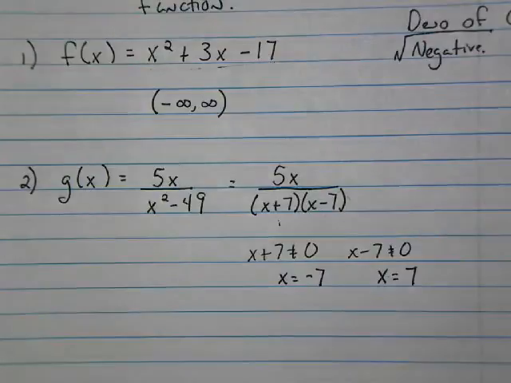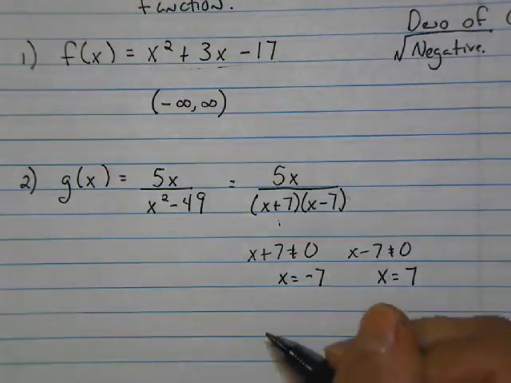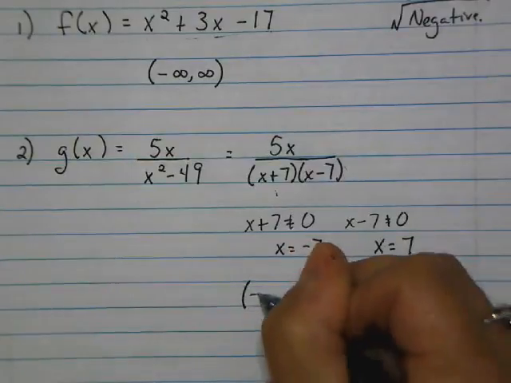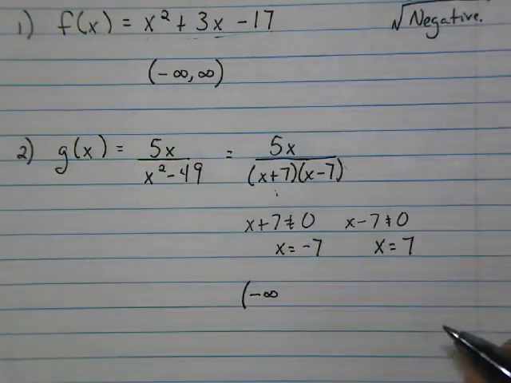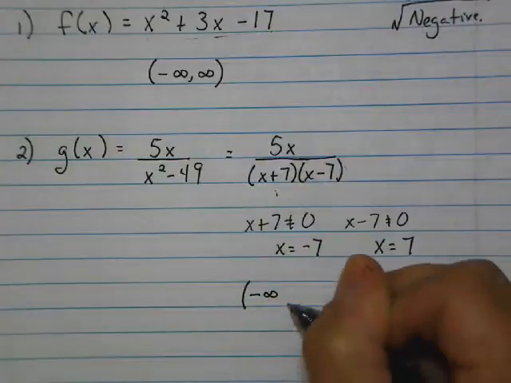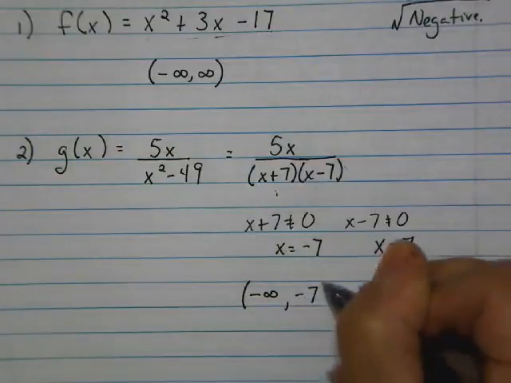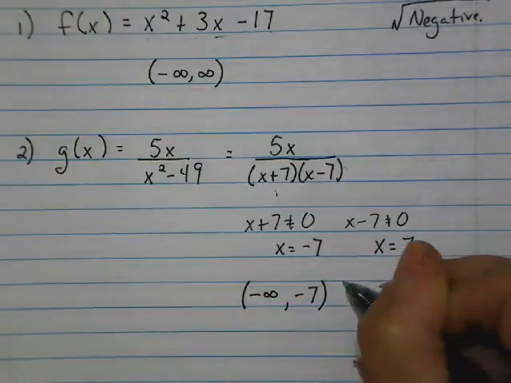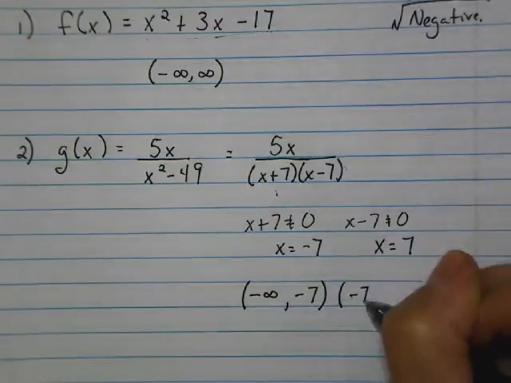Okay, so the way you're going to write this in interval notation is what I like to do. At negative infinity, the function exists. It is happy, it gets to negative 7, and then it stops. So at negative 7, there is that moment of time. Now the problem is when you graph this, sometimes you'll see it, and sometimes it's so faint you won't. Then at negative 7, it picks up and everything's hunky-dory until positive 7.